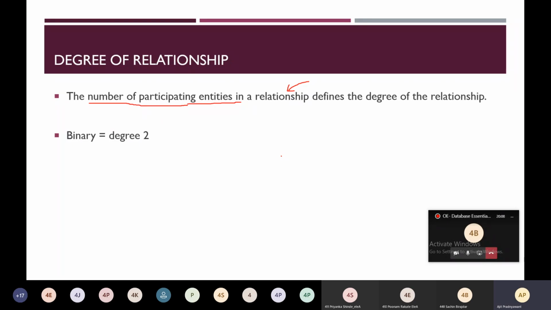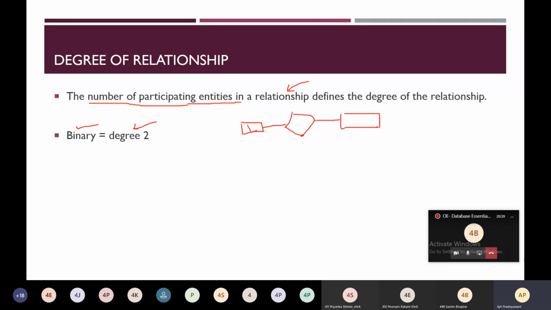First one is called binary. In this binary relationship, it is called degree 2. Why is it called degree 2? Because in this relationship, two entities are present. This is our first entity, which is related to another entity.